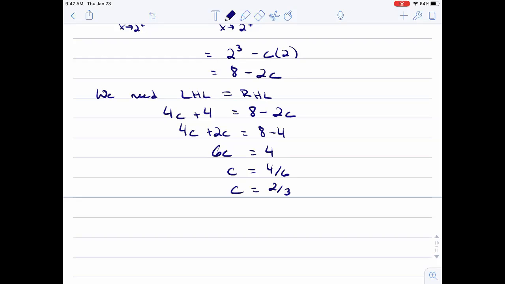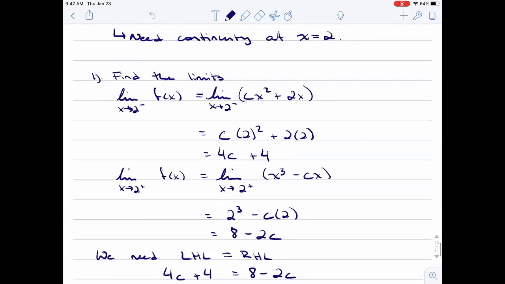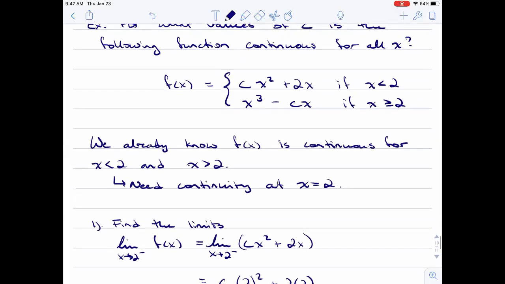So now, f of x is x to the power of 3 minus cx if x equals 2, right? So we only have to focus on that one part of the function because that's what it is when x equals 2.